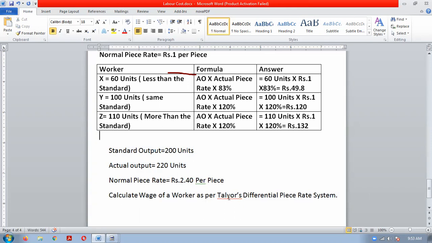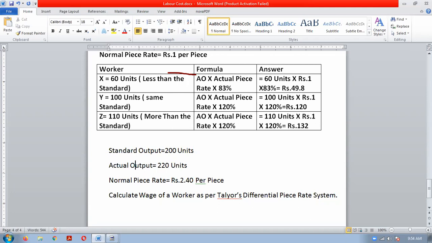So how can we calculate? We know the formula. Formula is actual output into actual piece rate into what percentage we have to apply, that we will have to check. Standard output is 200, actual output is 220 units. So actual output is more than standard output or less than standard output?